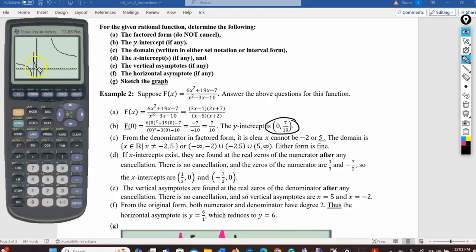So it's very close to +2. So we should be able to see that. We had x-intercepts at 1/3, 0, which would be about there, and -7/2, 0, which would be around there. So that's being shown.